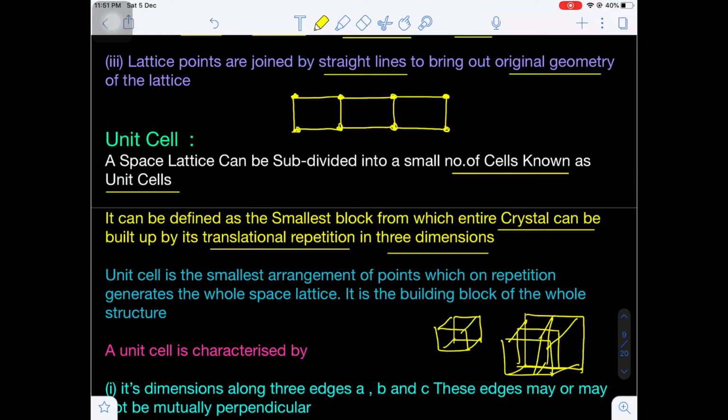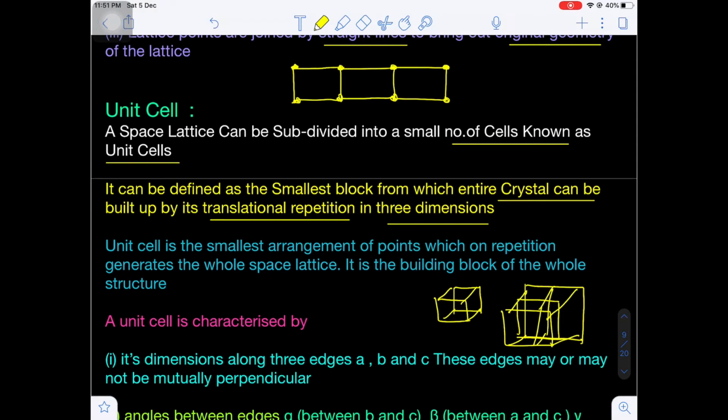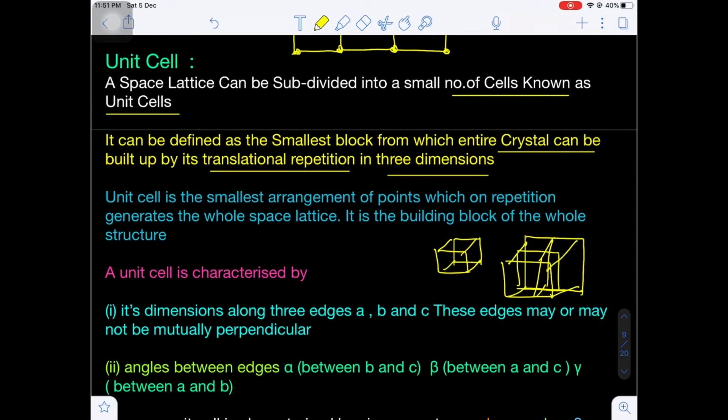Such a small portion is a unit cell. Unit cell is the smallest arrangement of points which on repetition generates the whole structure of the crystal lattice. Just now I told you. It is also known as the building block of the whole structure.